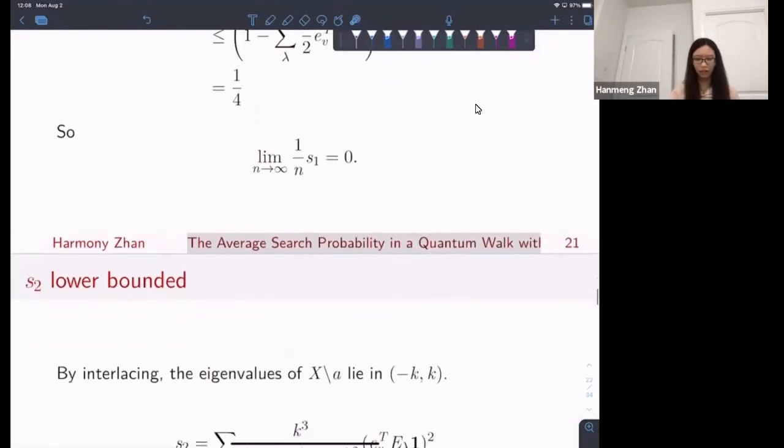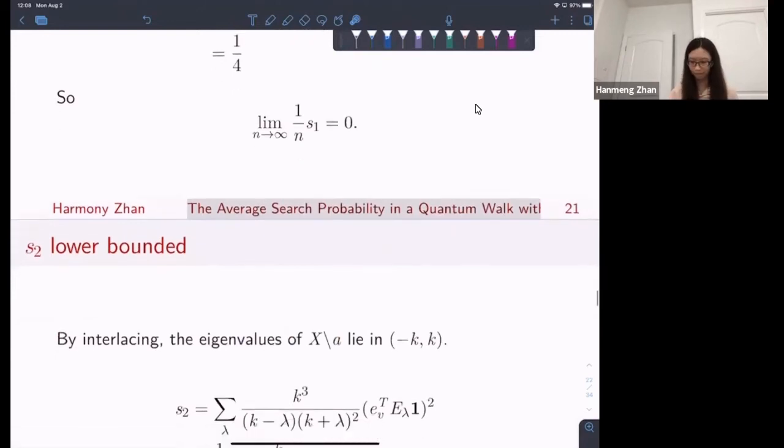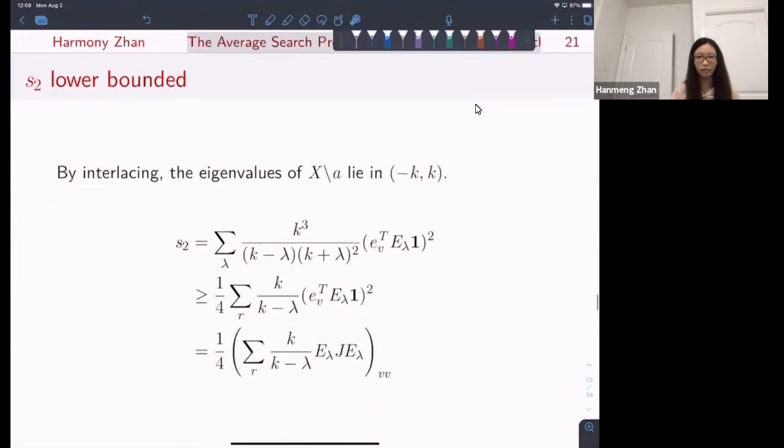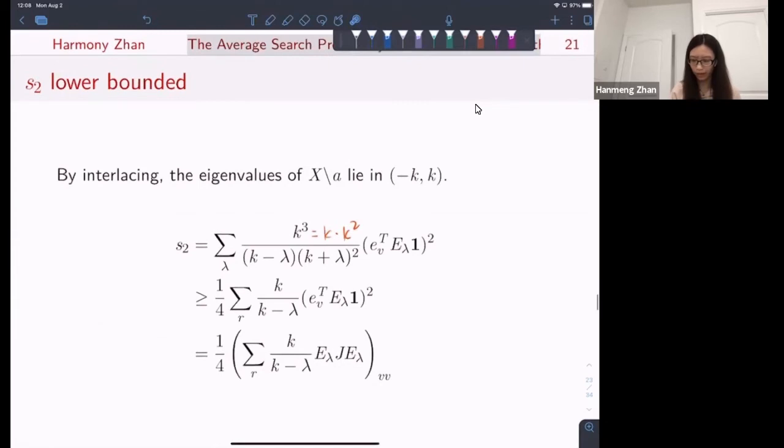And now the tricky part is to find the lower bound for S2. By the same argument, S2 is slightly more complicated, but I can split this into two terms, so k times k squared, okay? And because the eigenvalue lies between minus k and k, this part, k squared over (k plus lambda) squared, is at least a quarter.